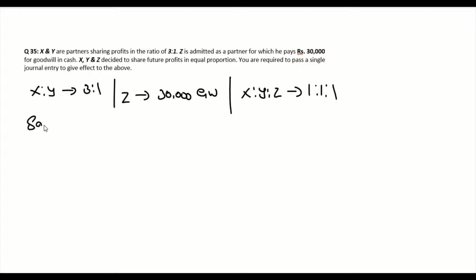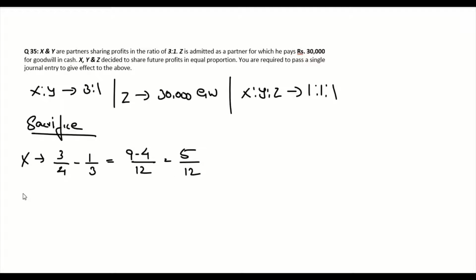Okay, first we will find the sacrifice. For X, his original share is 3/4 and his new share is 1/3. That is equal to 9 minus 4 over 12, which is equal to 5/12. For Y, his original share is 1/4 and his new share is 1/3.